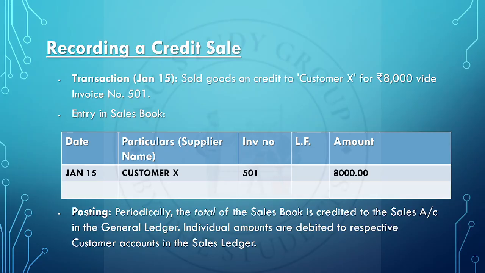So periodically we credit only 50,000 to sales, and in the party accounts in the ledger, customer X, customer Y and so on, we write individual entries. Individual amounts are debited there. Only one sale entry, and individual entries will be debited there. We'll explain this later when we post these sales entries into the ledger account.